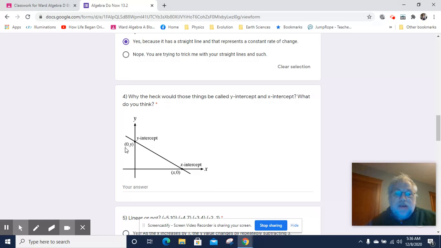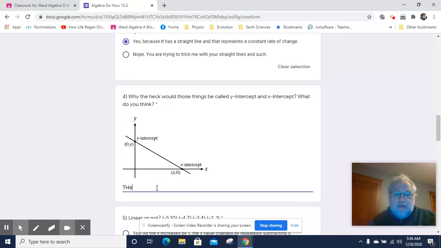But it is really important to keep in mind this idea of 0, because that's going to be how you find it. You're going to find the y-intercept by knowing that x is 0 and then solving for y. You'll find the x-intercept by knowing that y has to be 0 and then solving for x.